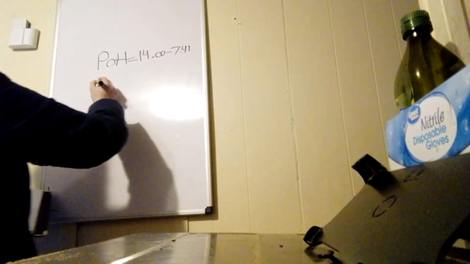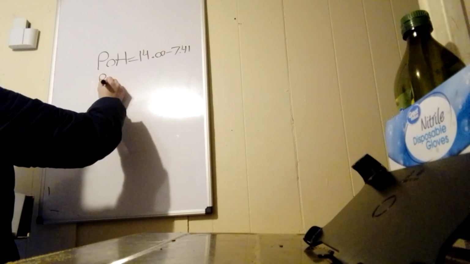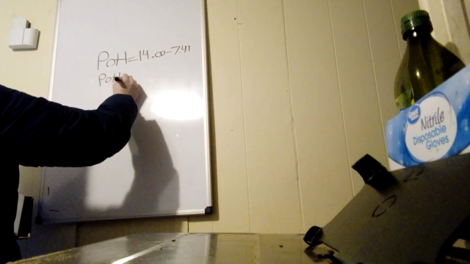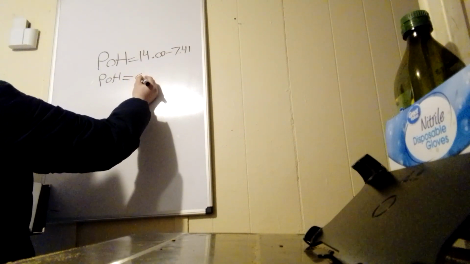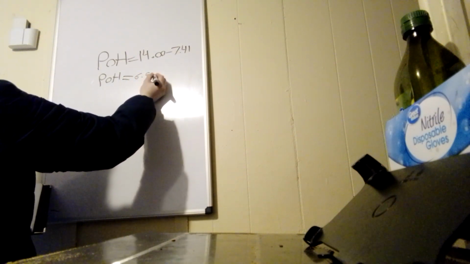Then we subtract the pH that we were given in this problem, which is 7.41, which will give us a pOH of 6.59.